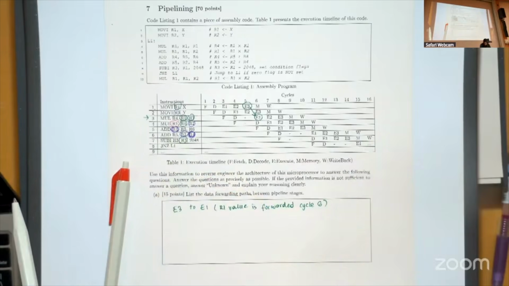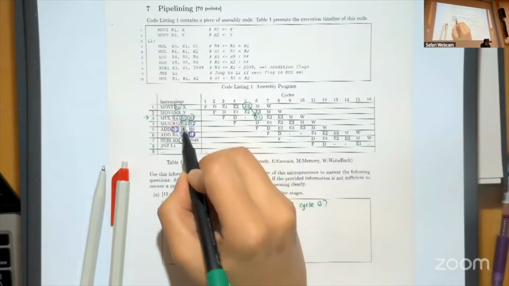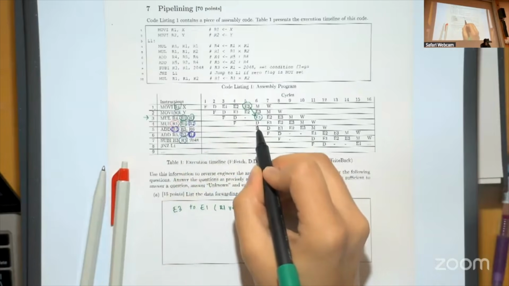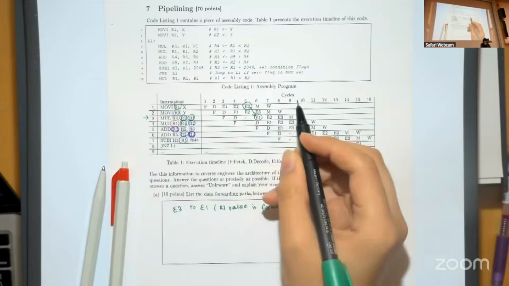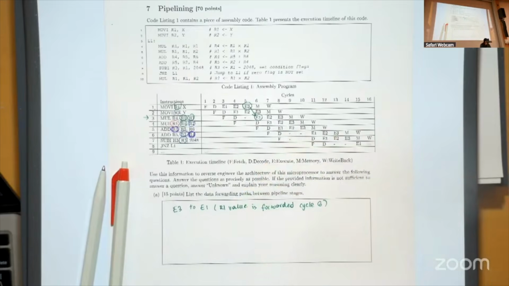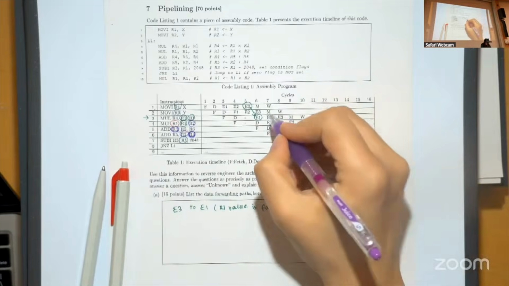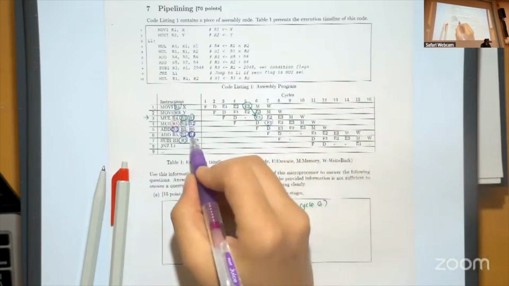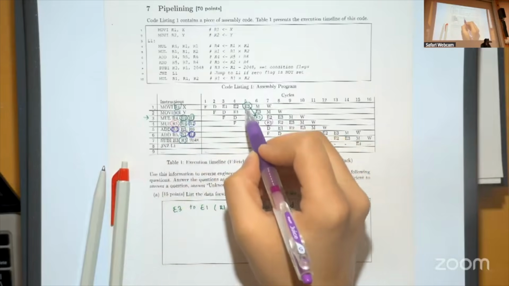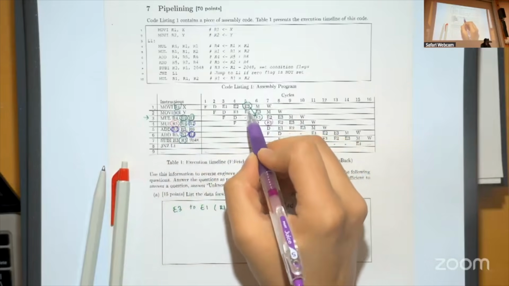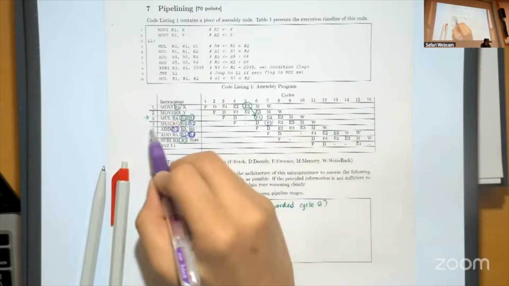With again R1, we see that after this instruction was decoded, it moved on to executing immediately. This is a bit more tricky, because we saw the data forwarding path from E3 to E1 for R1.